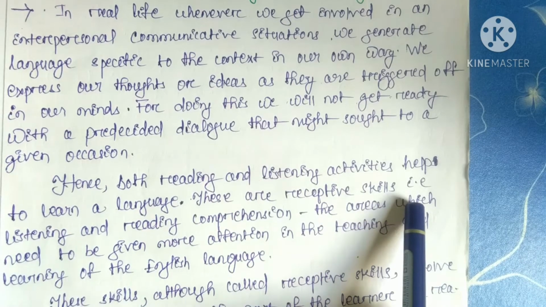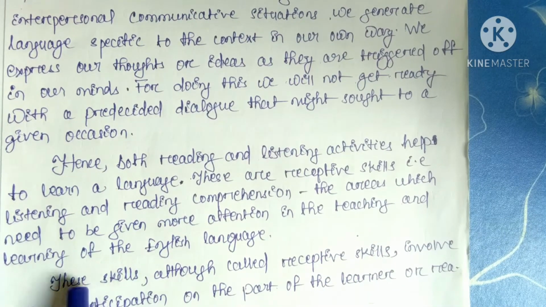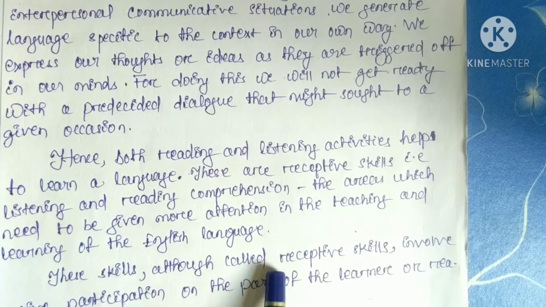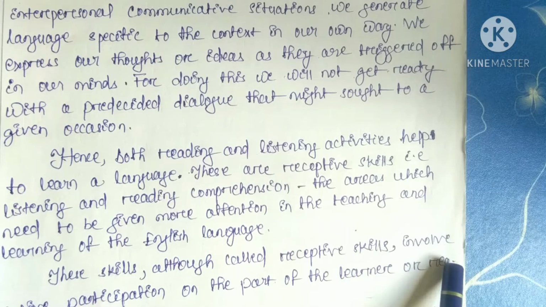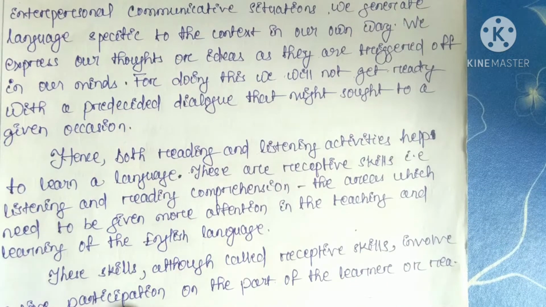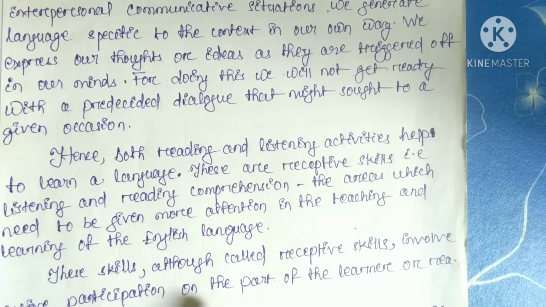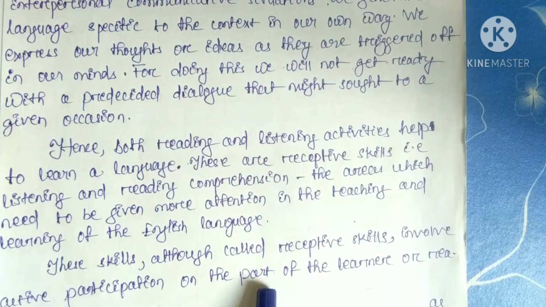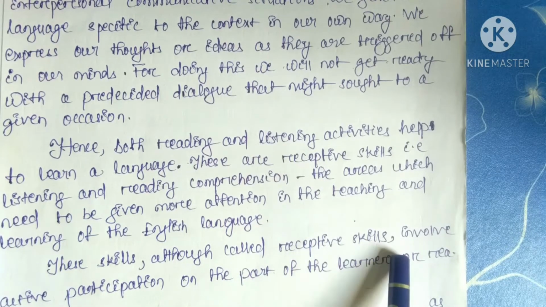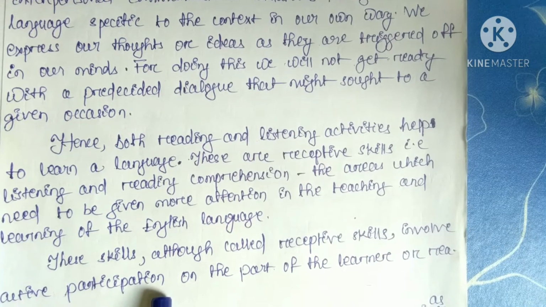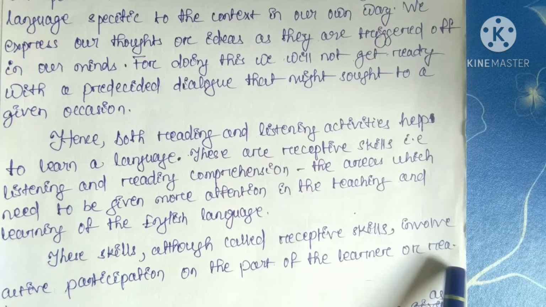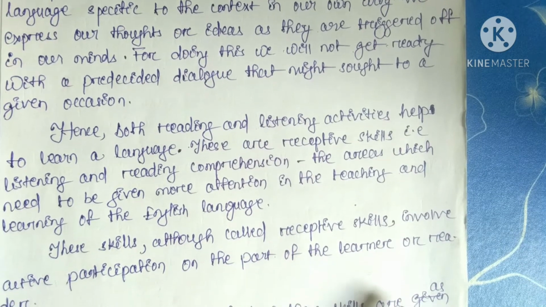That's why they are receptive skills. Although called receptive skills, they involve active participation on the part of the learner or reader, so these skills should always be two-way communication.